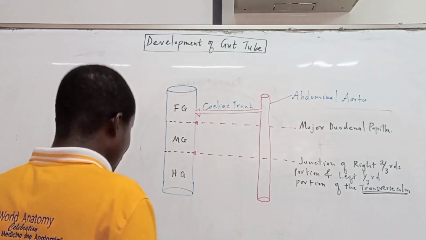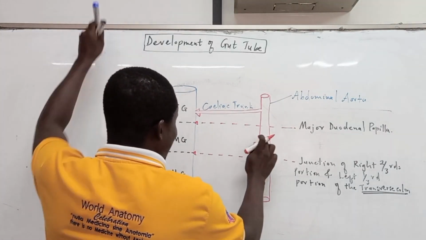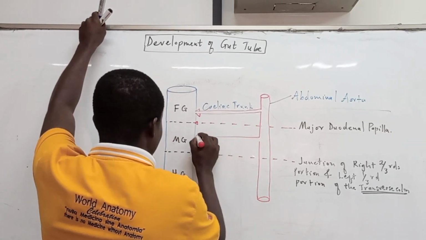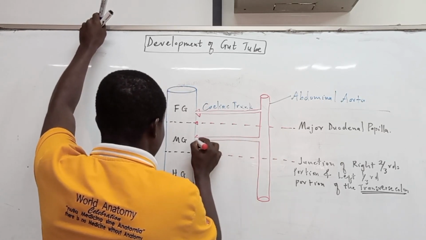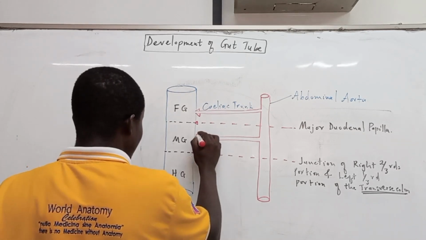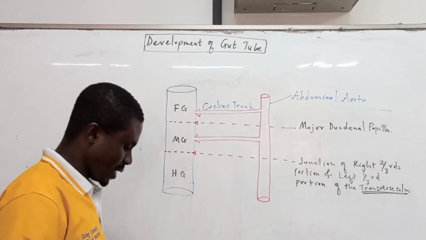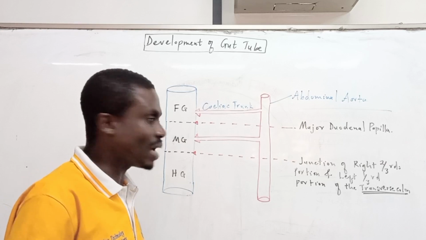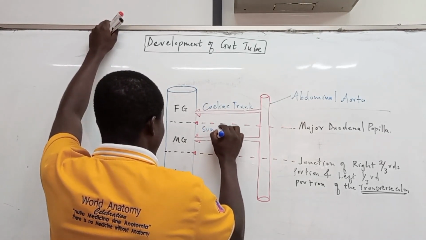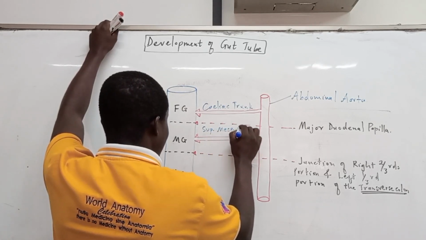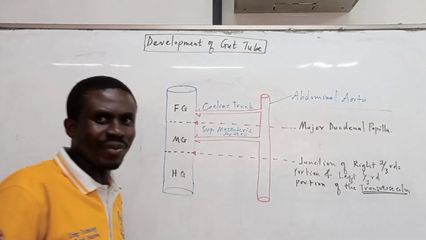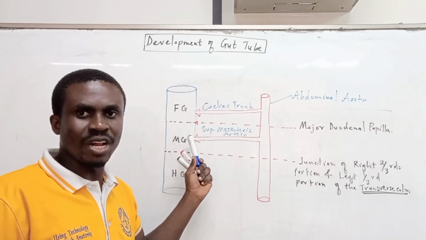And then my friends, also for the midgut, there will be another branch coming out, and also draining into this midgut. It is also a branch of this abdominal aorta. My friends, we call it superior mesenteric artery. Superior mesenteric artery to the midgut.